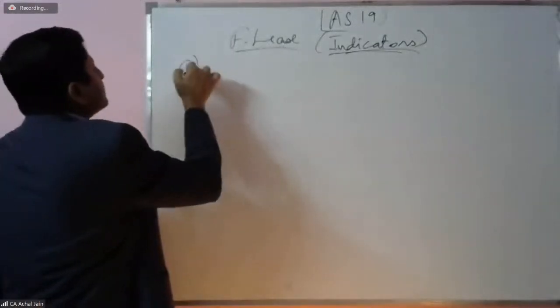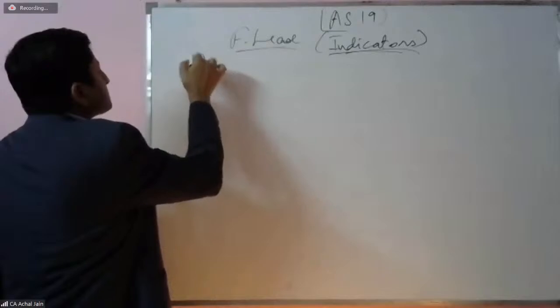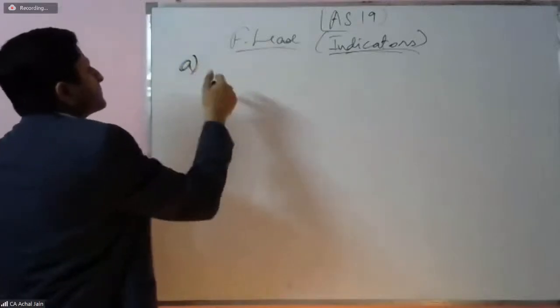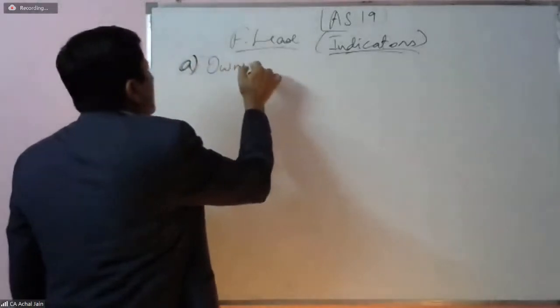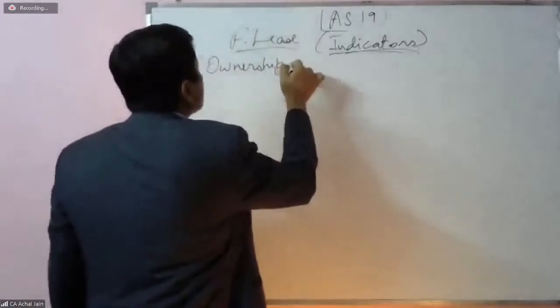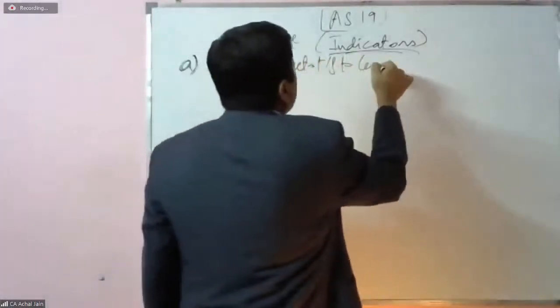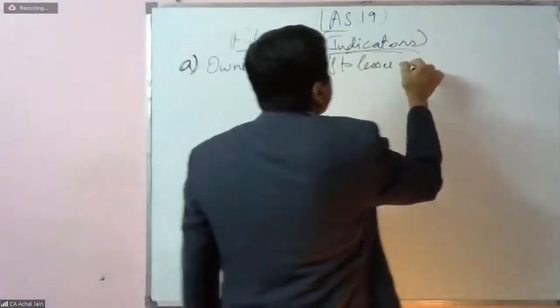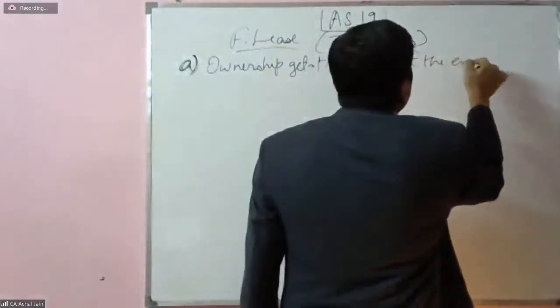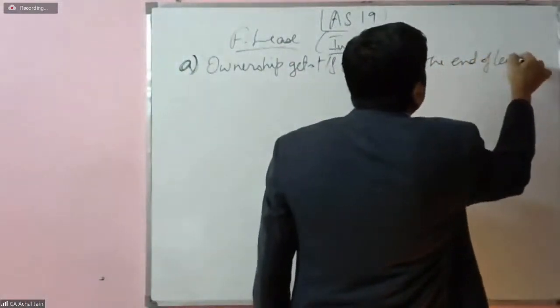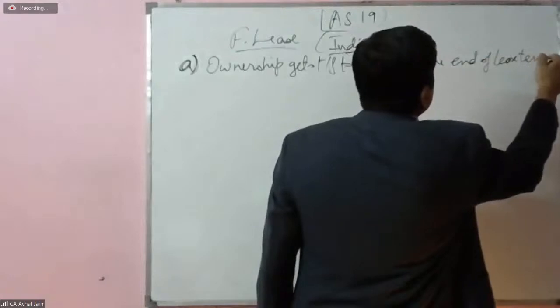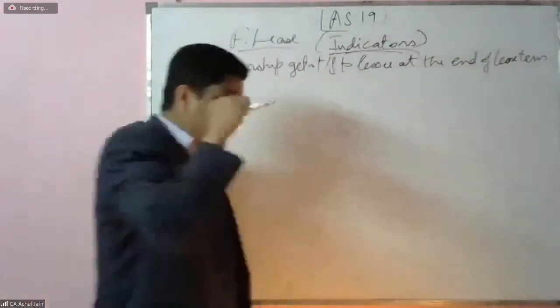Indicator number 1. Ownership gets transferred to lessee at the end of lease term. Okay, so let's understand.